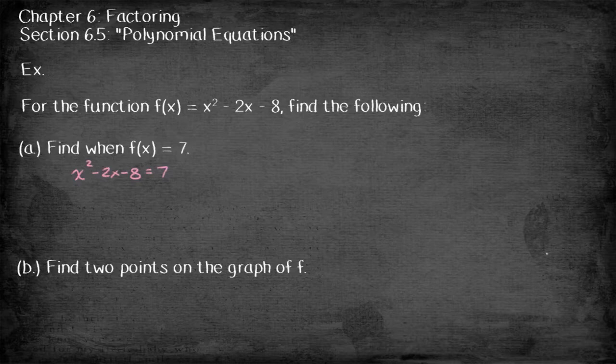So if I get everything on one side, I would have x squared minus 2x minus 15. Okay, now I need two numbers that multiply to give me 15, and all the signs are negative, so they gotta subtract to give me 2. 5 and 3, that will work.